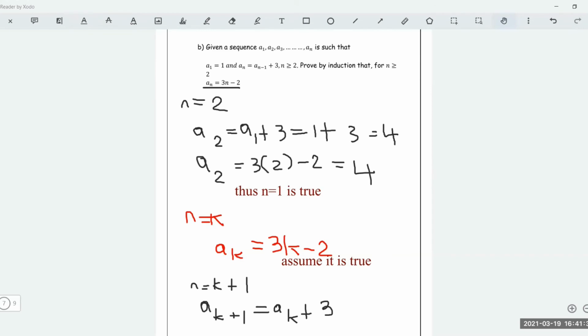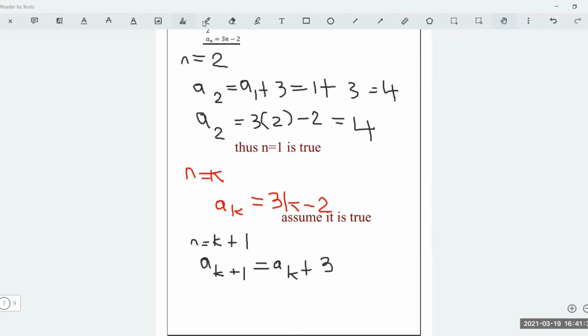Then what is AK? We plug in AK now. AK plus 1 is AK plus 3. What is AK? From above here, AK is 3K minus 2.